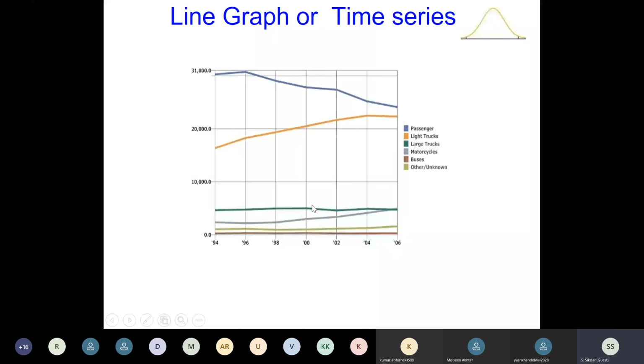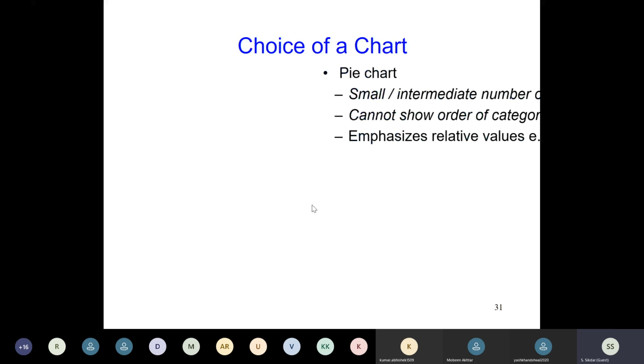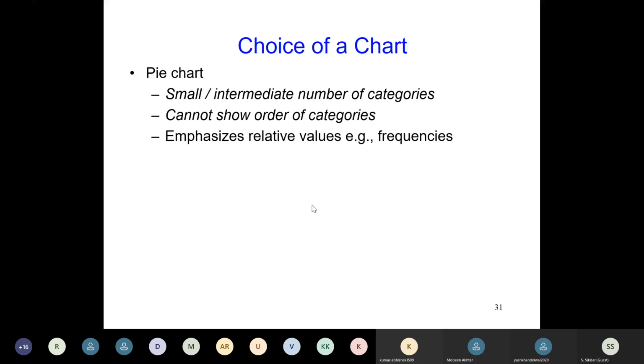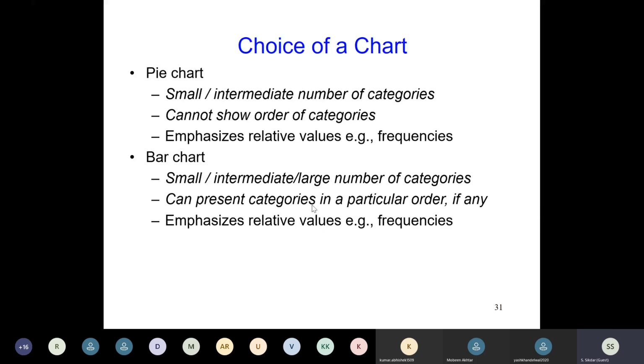But in a pie chart, if I put them in 1, 2, 3, 4 order, the percentage-wise order doesn't show like that. That's what has been described here: a pie chart cannot show the order of categories, whereas a bar chart can show the categories in a particular order, and you can see the relative values.